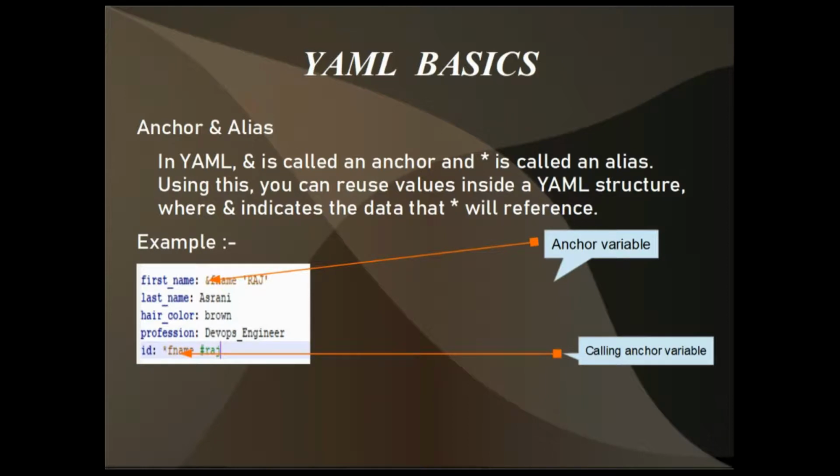So here is one of the examples. In the first name, I have declared an anchor f name, and it holds the value Raj. And if I want to refer to that in another key, I have declared that using star f name. So now the ID will hold the value of the first name, which is Raj.